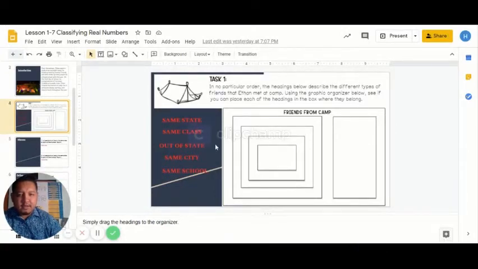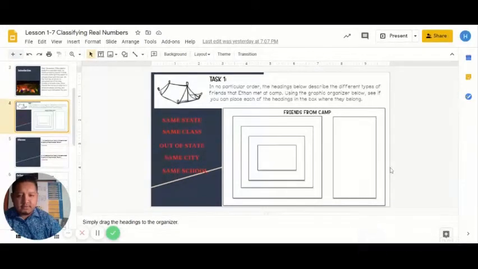And when you go to camp, you meet people that may be from out of state or even the same state, but they don't have to be in the same class or in the same city. So think about how these categories should go on this graphic organizer.